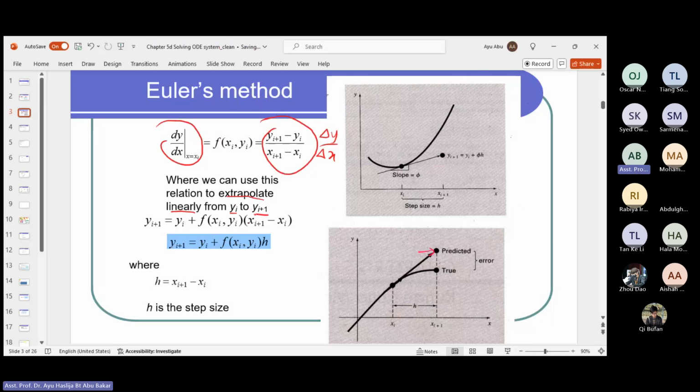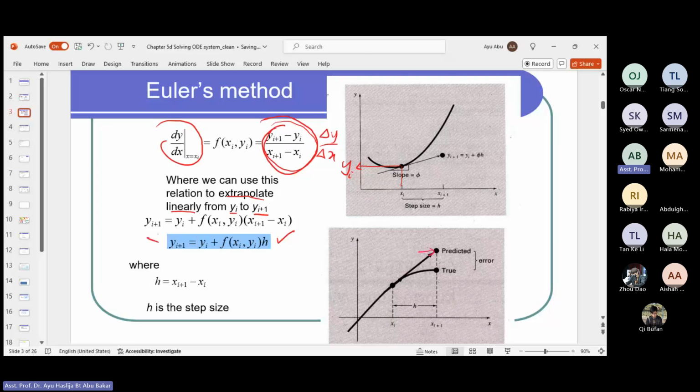Yi to yi plus 1 means from the original point, let's say here is your yi, so in order to predict your new point, we can use this Euler's equation. From this, rearrange, then you will get this.